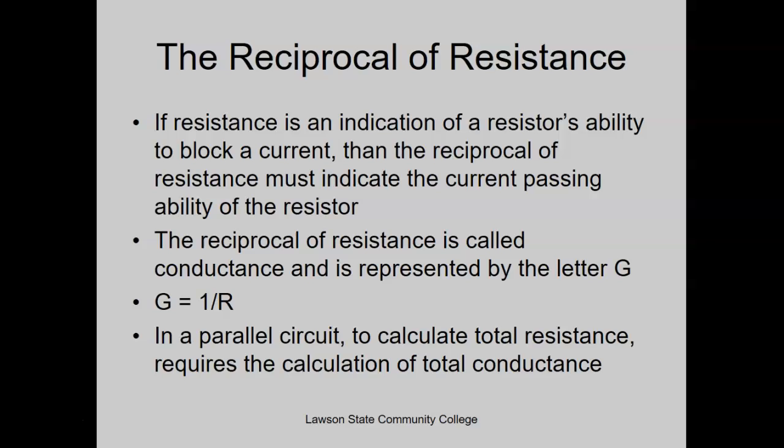That is conductance, so that is where you got G is equal to 1 over R. The inverse of resistance is conductance. In a parallel circuit, to calculate total resistance, you have to find total conductance first, and then inverse that to get your total resistance. Yes, this is about to get to be a lot of fun with math and numbers. Don't panic on me yet.